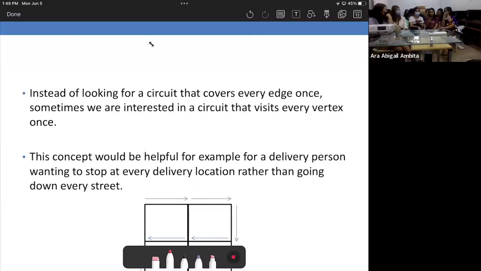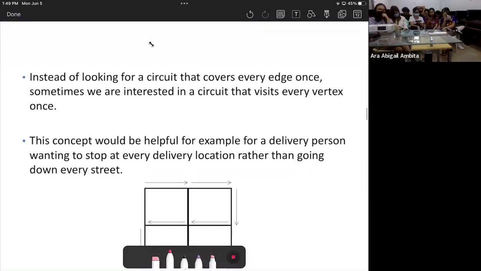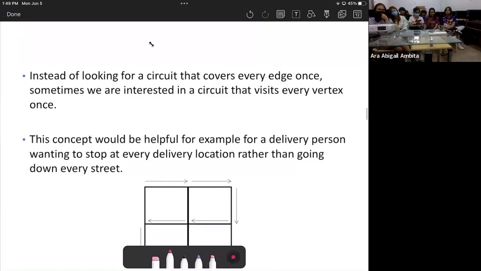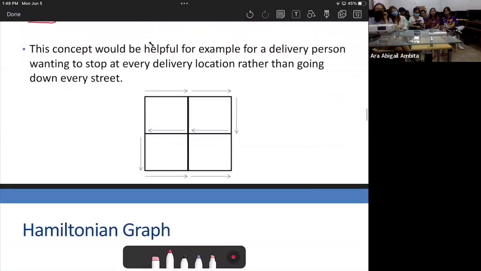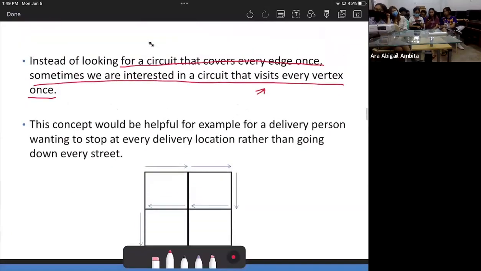So instead of looking for a circuit that covers every edge once, sometimes we are interested in a circuit that visits every vertex. So earlier you misunderstood, right? Earlier it was the edges, but this time we want to visit every vertex once. This concept would be helpful, for example, for a delivery person wanting to stop at every delivery location rather than going down every street.